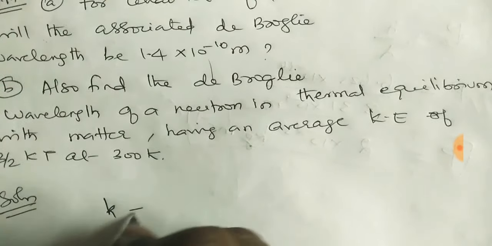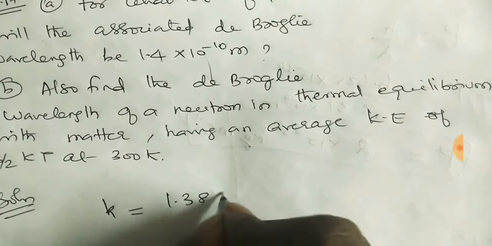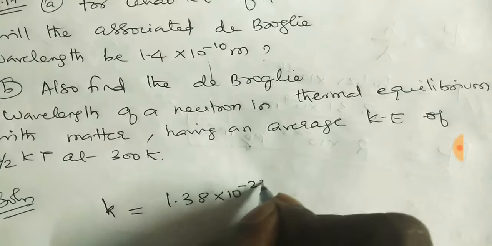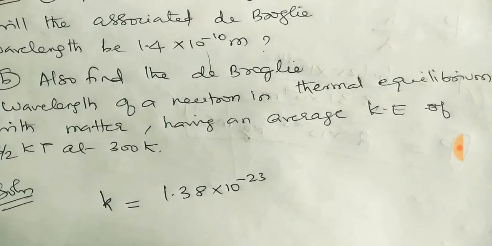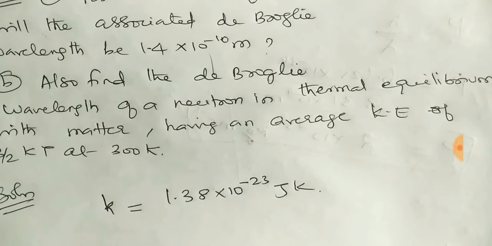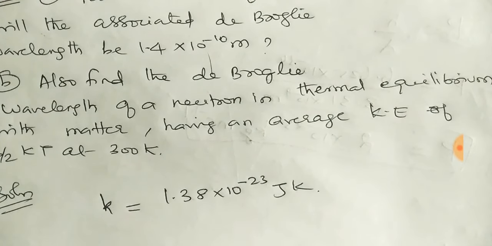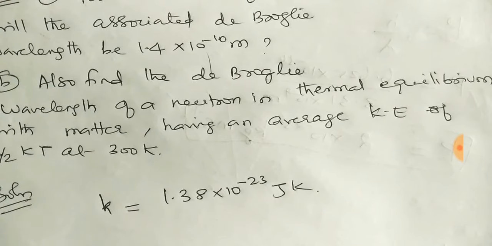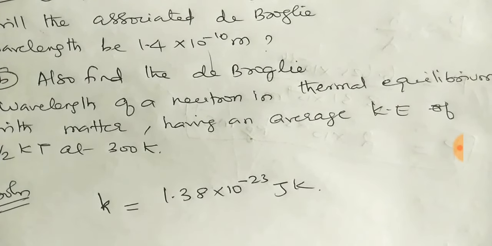K equal to 1.38 into 10 power minus 23 joule Kelvin minus 1. K is a constant, children. It will be given in the question. Don't worry.